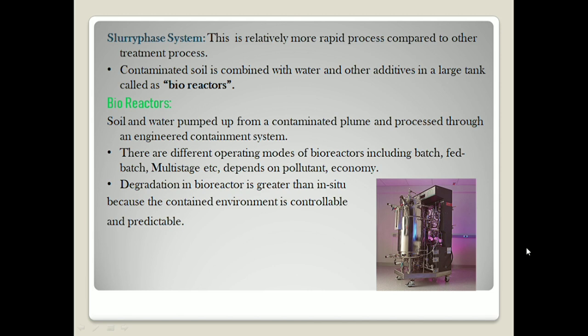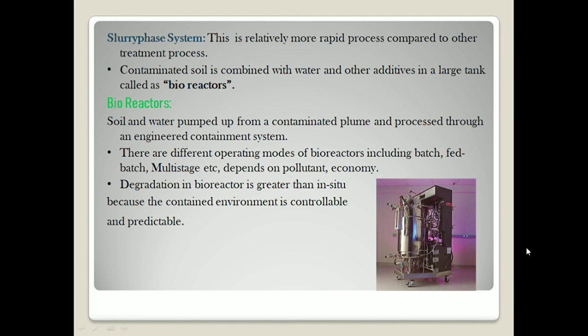The contaminated soil is combined with water and other additives in a large tank called a bioreactor. A bioreactor, as the name implies, is a vessel in which raw materials are converted to specific product or products following a series of biological reactions. There are different operating modes under bioreactors, such as batch, fed batch system, continuous or multi-stage.